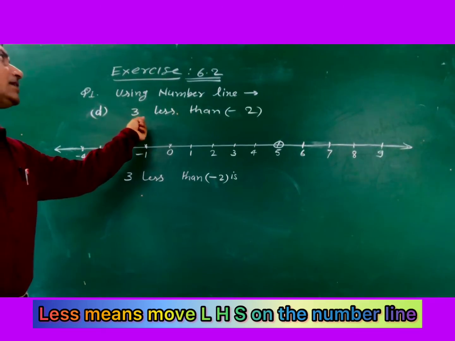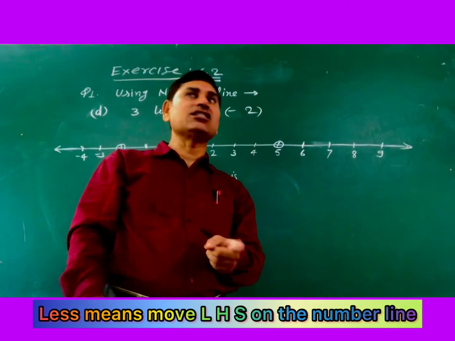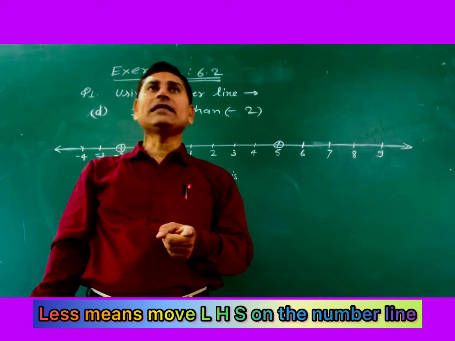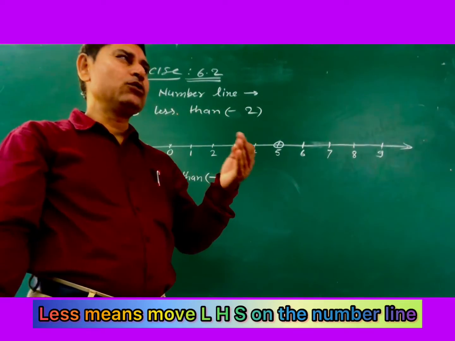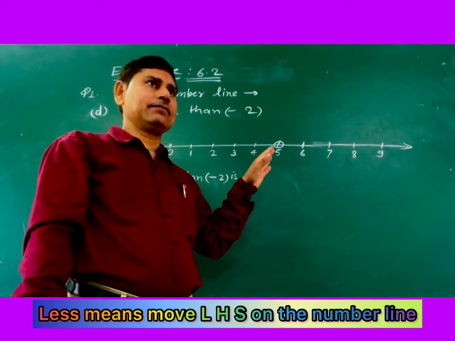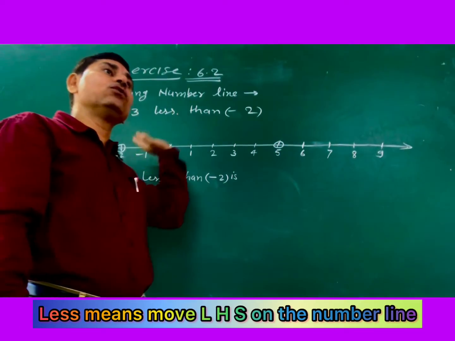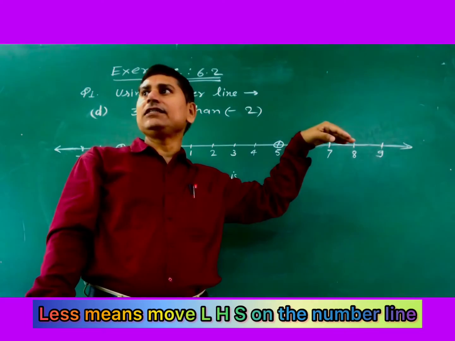And the question says 3 less. And the meaning of less in mathematics is minus. Minus means you will go to the left hand side on the number line. But if it is more, it means you will go to the right hand side.